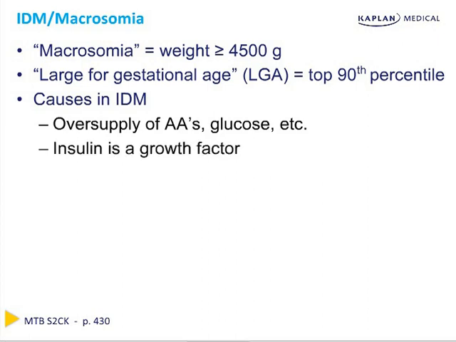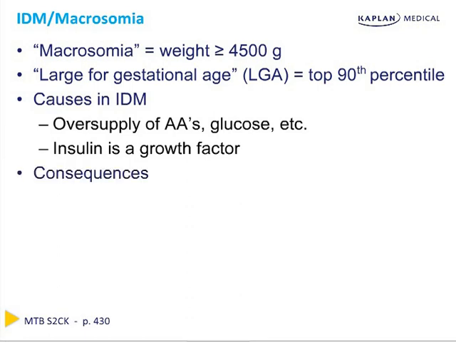So the hyperglycemia is a condition in which it actually gives an excess of building blocks that are needed for growth in the fetus. And then the hyperinsulinemia that's a consequence of the hyperglycemia leads to signaling to cause growth in the fetus. So you're not just telling the fetus to grow more, you're also giving it the tools to grow more.